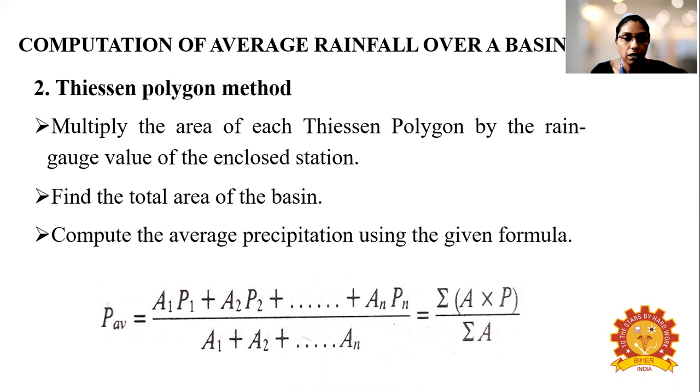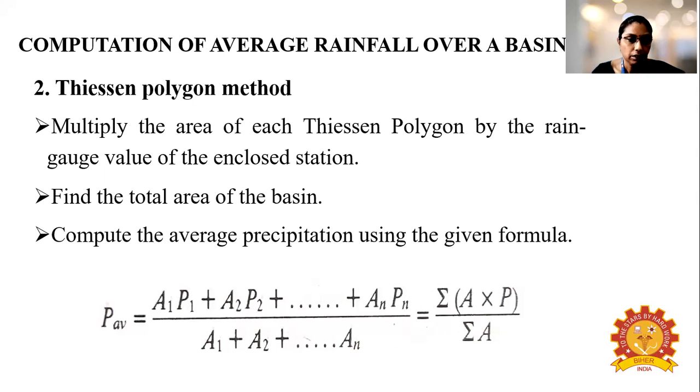Divided by, in the denominator, you add all the areas under consideration, that is the area at station A, then area 2, and so on up to n number of areas. So the denominator is the total area, the summation of the areas of the basin.